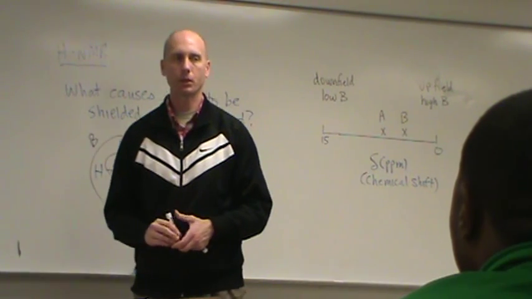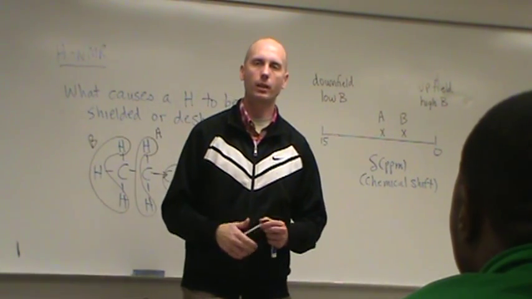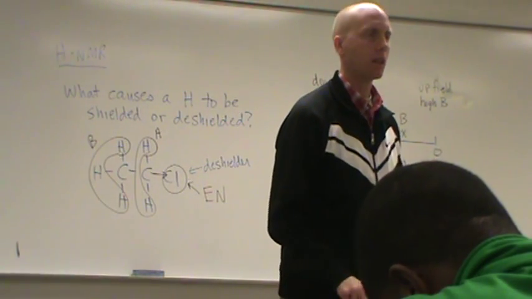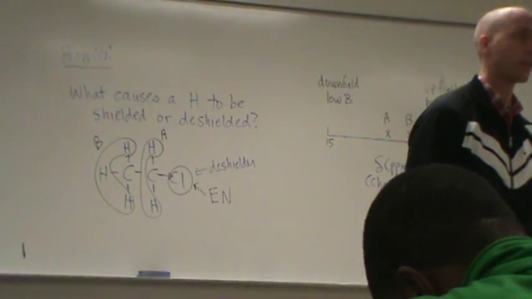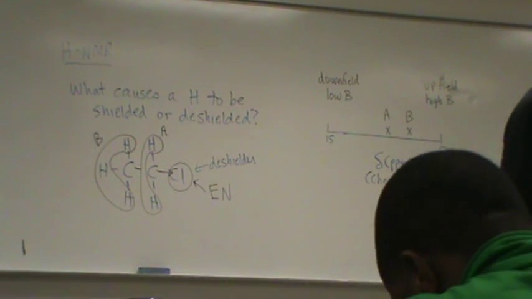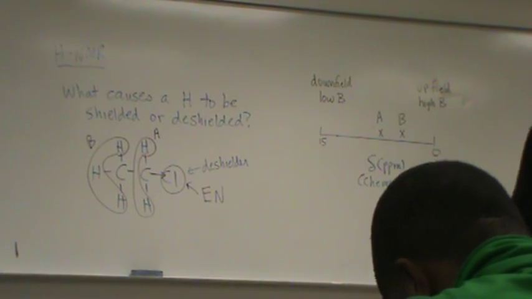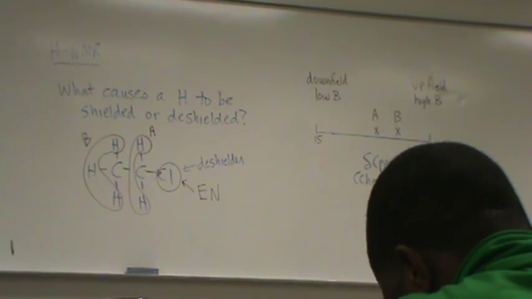Will be more upfield. Very important fact. We just covered that. I didn't draw the peaks. I just put an X where they show up. We'll see what the peaks look like later. Don't care about that now.